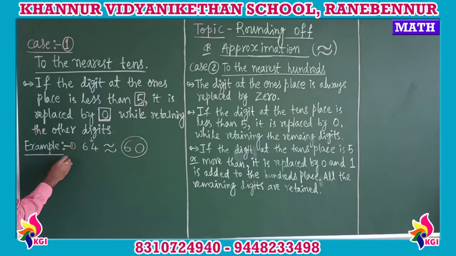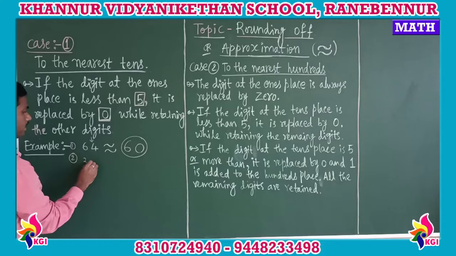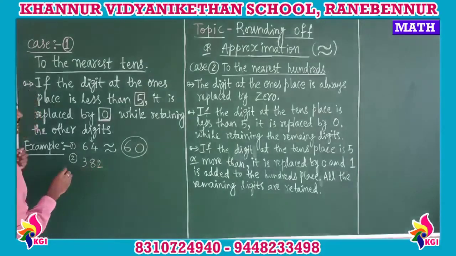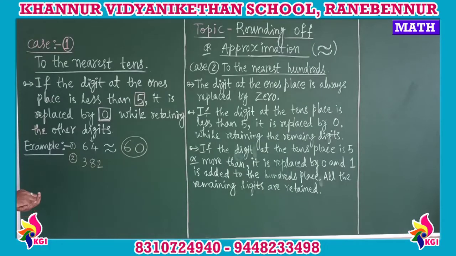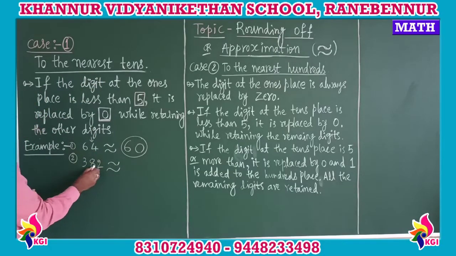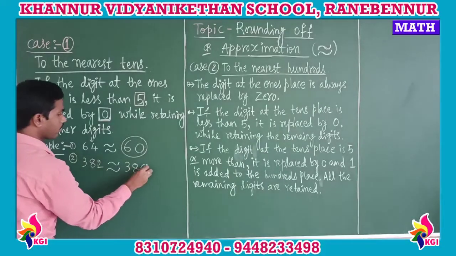The next example I am taking is a 3-digit number, 382. I am telling the rounding off to the nearest tens. The approximate value of 382 is 380. Why am I writing 380?